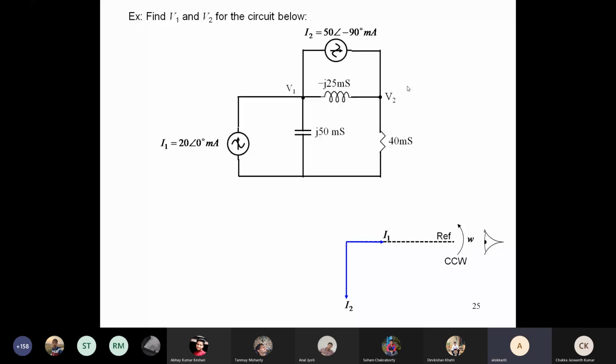So then what do you have to do? Obviously, you have to assume some current directions.